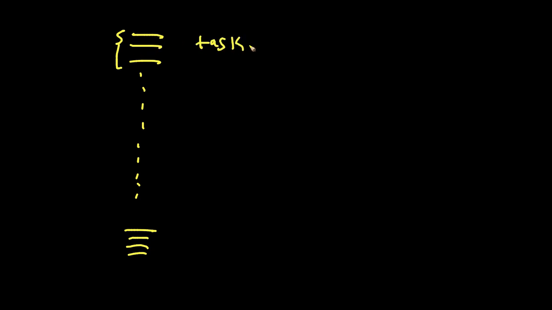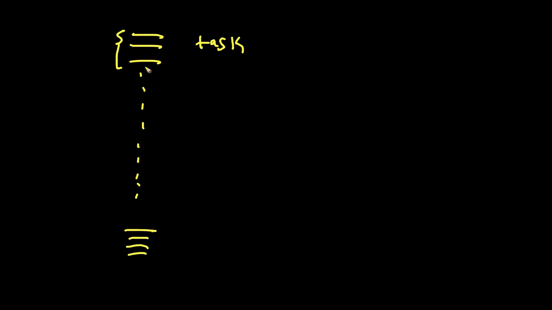Let's say you have a program, and this is a set of statements performing a certain task. Let's say we are repeating this task 100 times in our program. The same task we are performing 100 times. So what will we do?